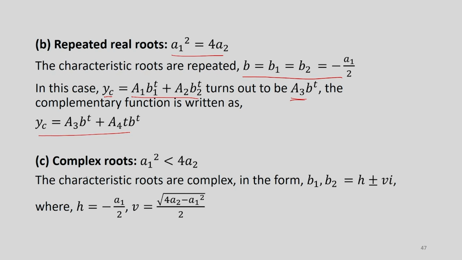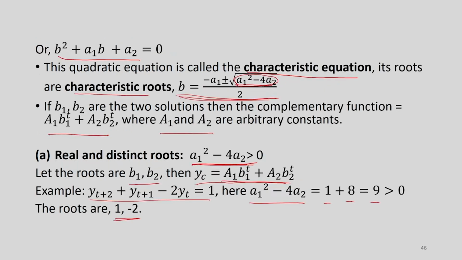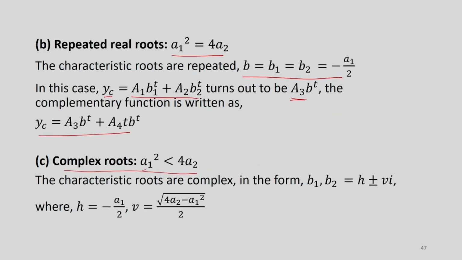And finally is the case of complex roots. So, this is the case where the square root term a1 square minus 4a2 turns out to be negative. So, this is the condition where it is negative.